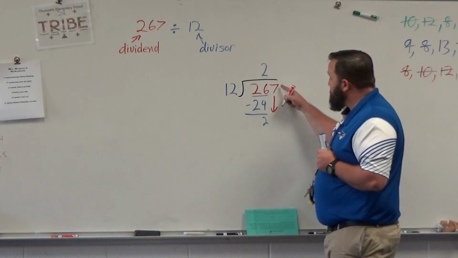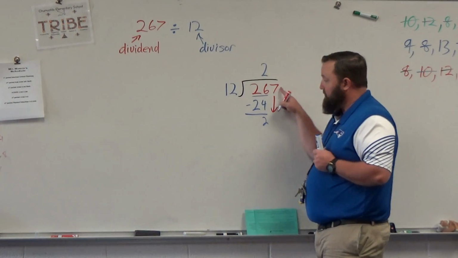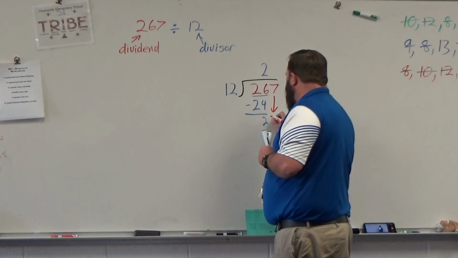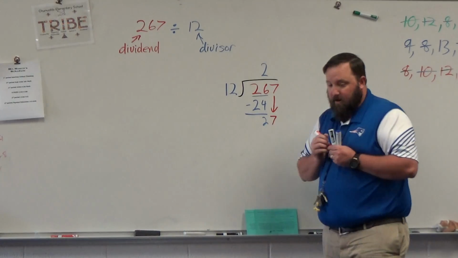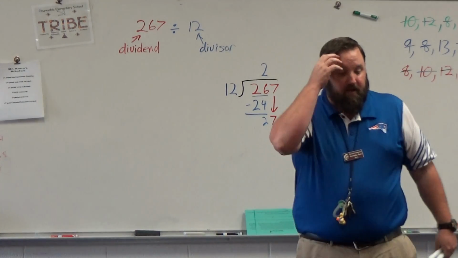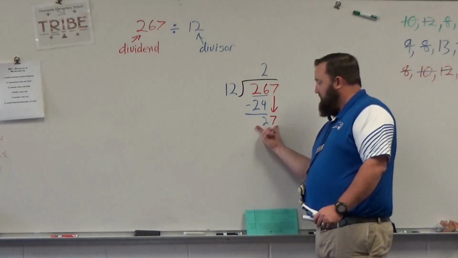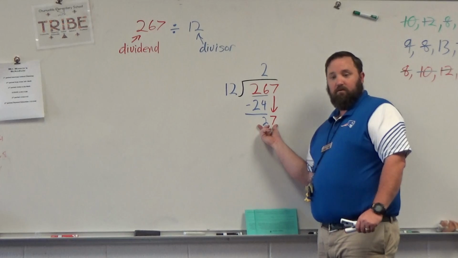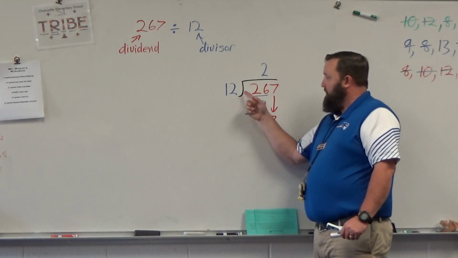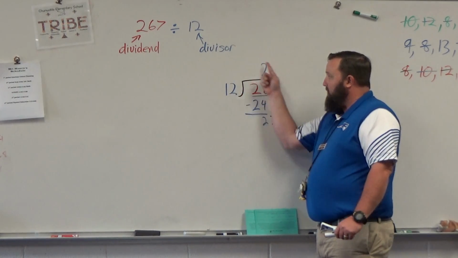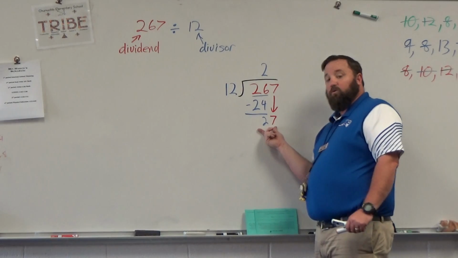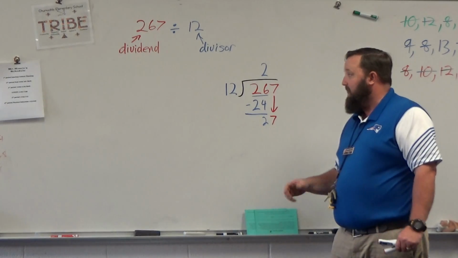You have got to bring this next digit down. Now, when I was talking about it with one of the students in 4th period, he was having an issue with this. And I explained to him, this is now our dividend. So we've taken 12 out of part of the dividend, so now we're working on the rest of it. We still have some left.